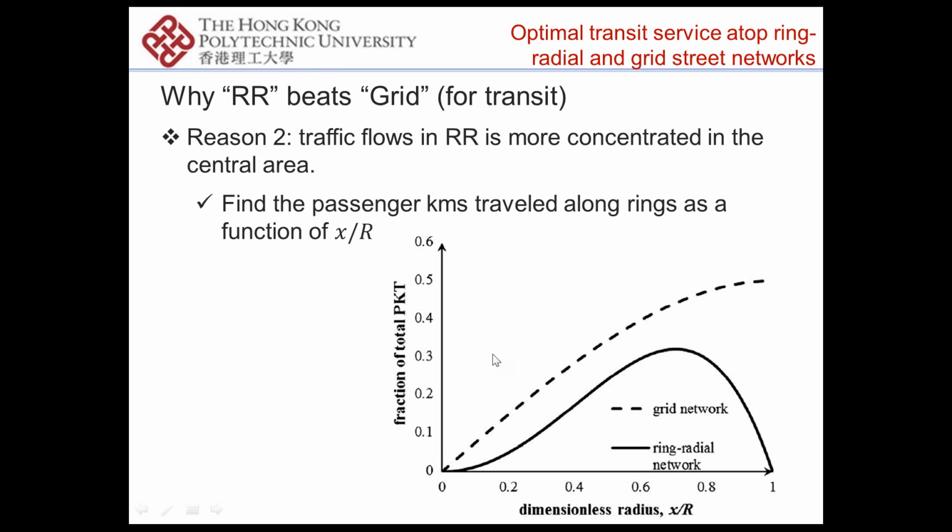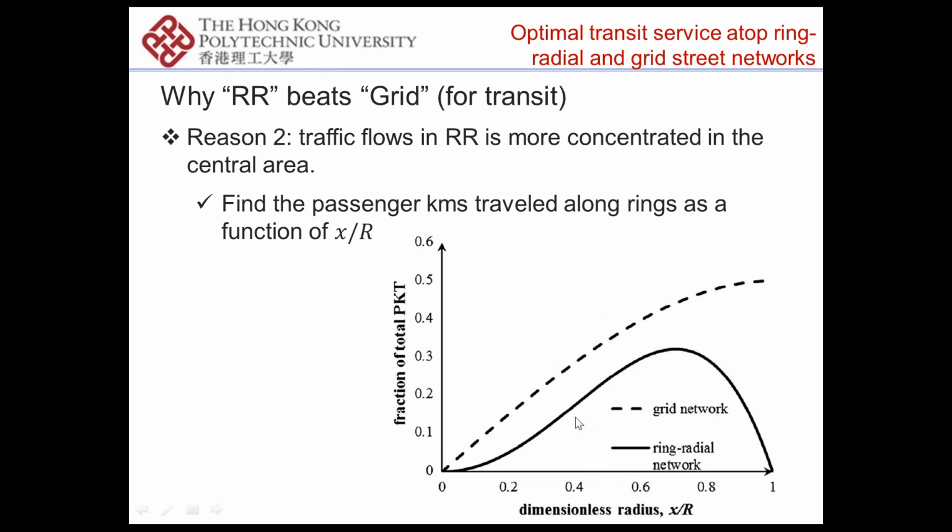So concentration is definitely a good thing, because the transit system has an economy of scale, so it prefers concentrated demand.